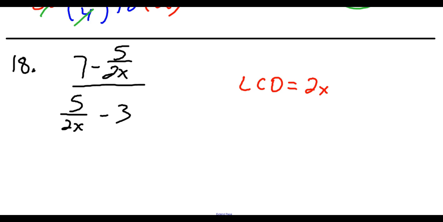So from that part, it's still going to be the same thing. We're going to take every single part of that fraction and multiply by 2x.